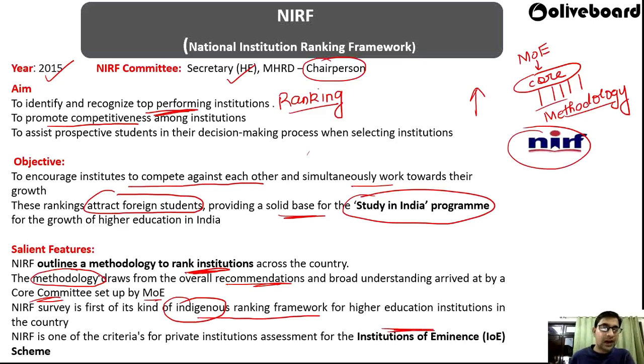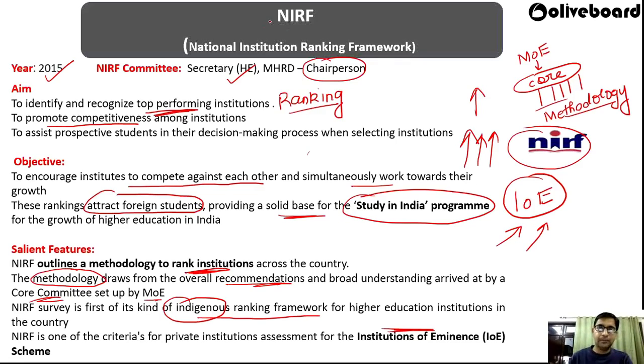So this NIRF ranking will also act as a criterion for private institutions to get the tag of Institute of Eminence. That means if your ranking is very high on the ladder, then you may get the tag of Institute of Eminence. That is a very important institution of the country.